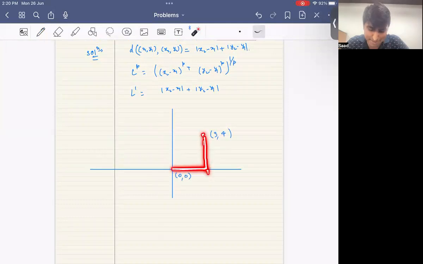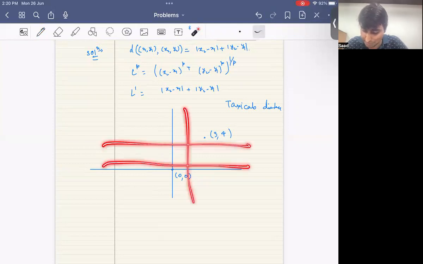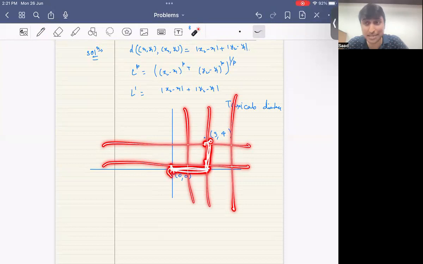In fact, that's sometimes also called the taxicab distance. That's simply because, think about it, if you were going around avenues and streets. Suppose these are streets and these are avenues. In order to reach from here to here, this is what you'll have to do: go from this point to this point and here. Even if you're talking about the shortest distance, you will have to travel at least this much.